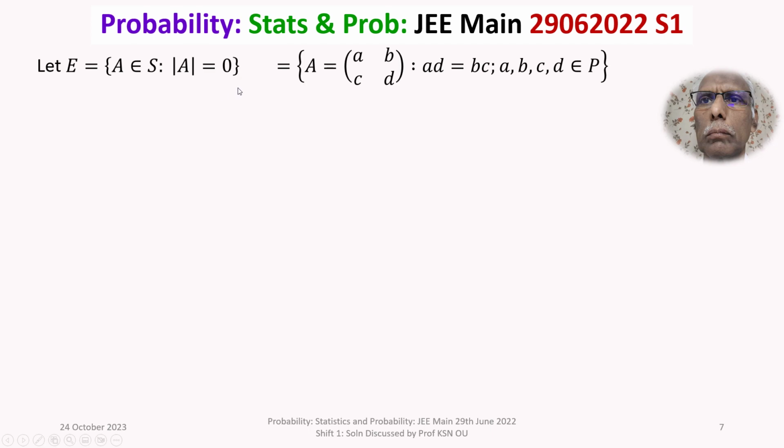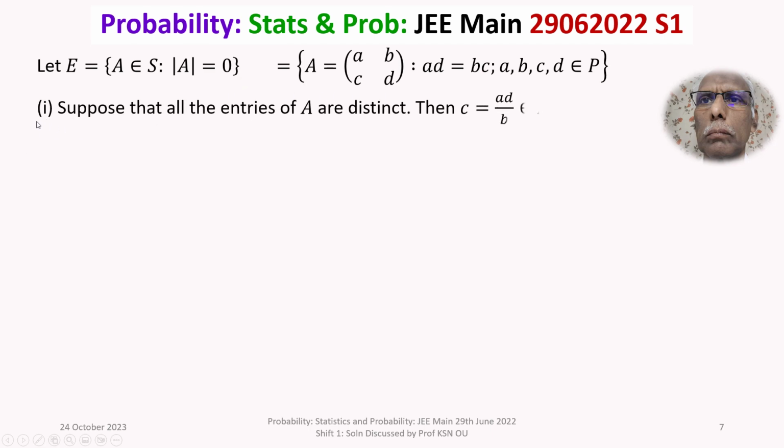So we have E, the given set, and we do 4 cases. First case, suppose that all the entries are distinct. That means all A, B, C, D are distinct. And AD is equal to BC means C is equal to AD by B, which belongs to P. So C belongs to P and thereby AD by B belongs to P. AD by B belongs to P means either B divides A or B divides D. And this is not true.